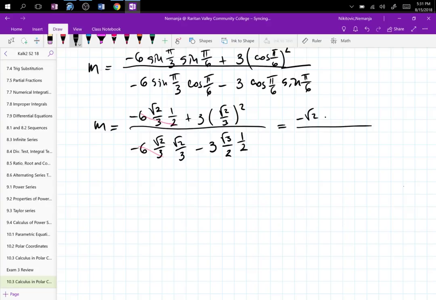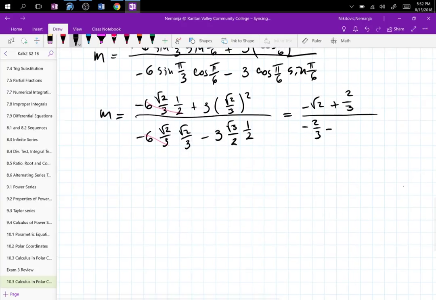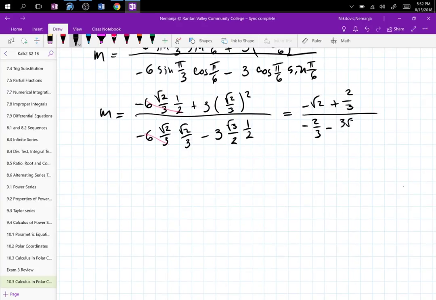That's 2 over 3, so plus 2/3. And then here we have negative 2/3 minus 3 root 3 over 4. Well, that's that.